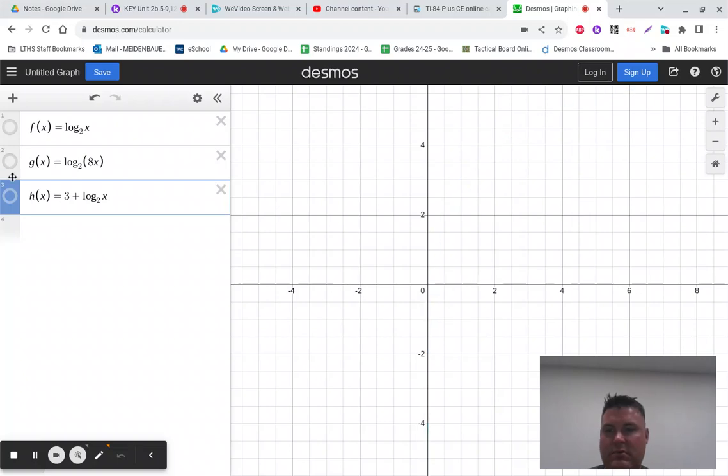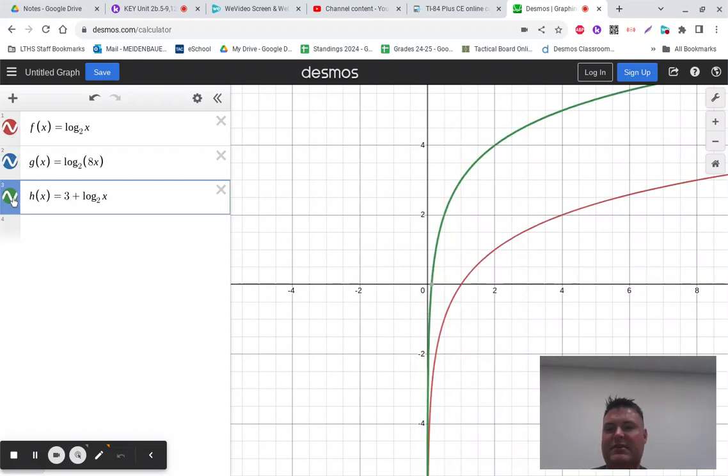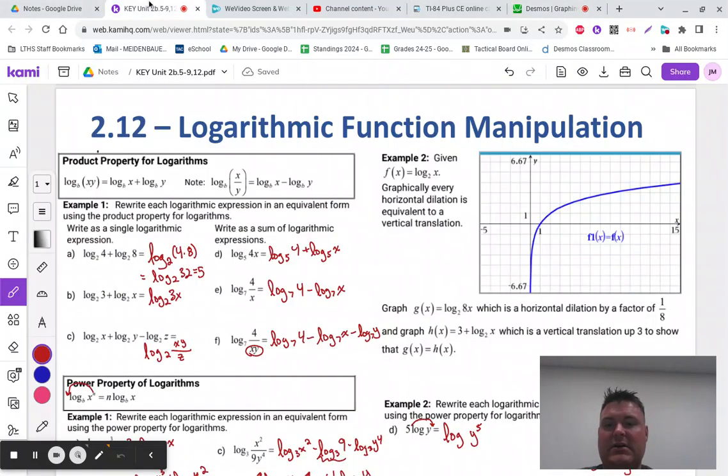Blue, green. Blue, don't get a seizure, green. All right, so you can see how they're overlapping each other right there. They're the same thing. So for logs, the little special property here is a vertical translation is going to be the same thing as a horizontal dilation if it's the same consistent number. So those two right there are going to work out for us because of our log properties.